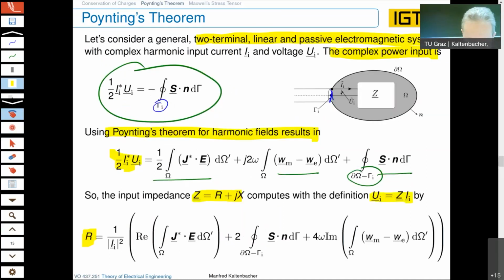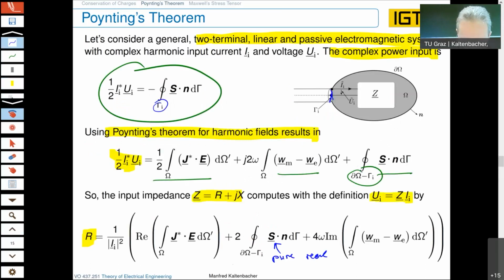Again, you see we assume that this is, perhaps I should write it down, pure real, and clearly you have to divide it by the absolute value of the current squared, otherwise it's not a resistance.